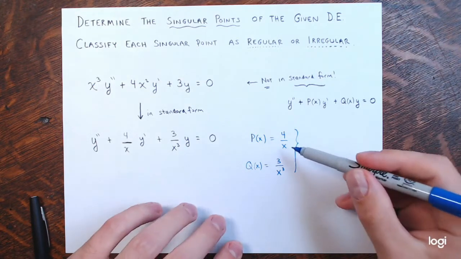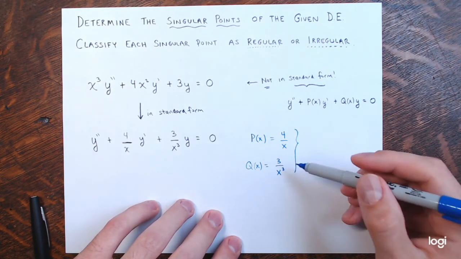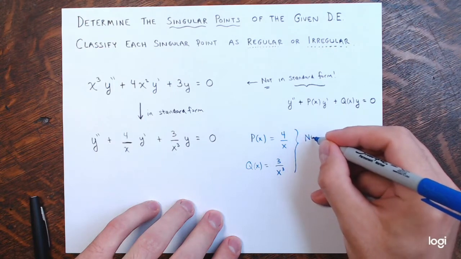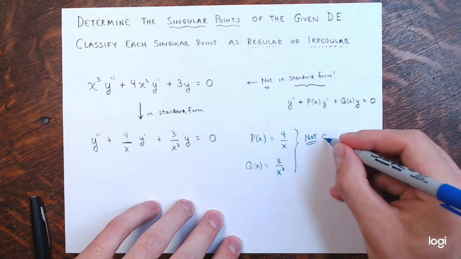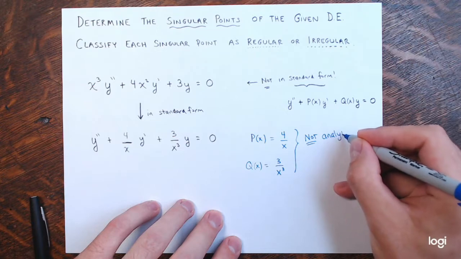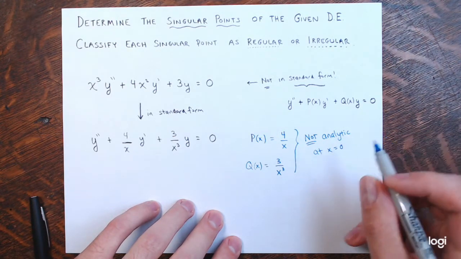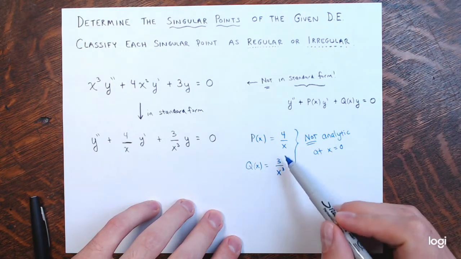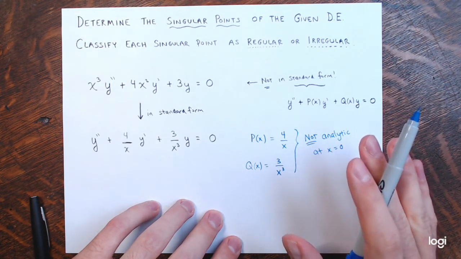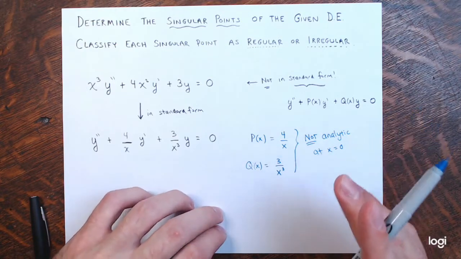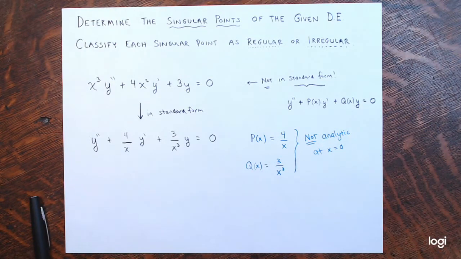But I'm hoping it's obvious to you, and you can tell that these are not analytic. Neither one of these. Not analytic at x equals 0. Right? Because one, they're not defined at x equals 0. Now that's not a necessary condition, or a sufficient condition.